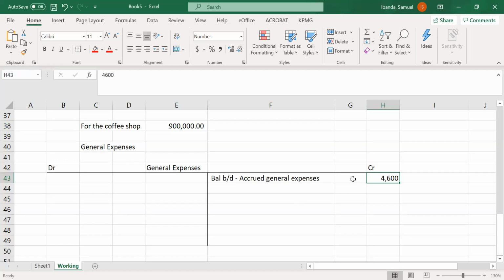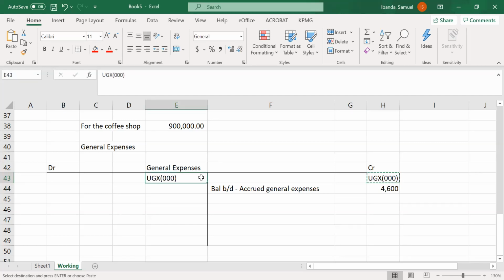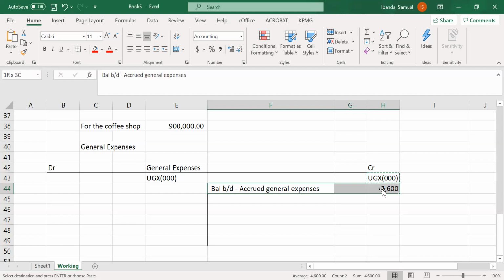I even put it a little down here so I can record my degree of precision for the examiner to know that the figures that I'm working with are in 1,000. So this is my balance brought down for the accrued general expenses. It's on the credit because it's a liability. Liabilities have a normal credit balance.